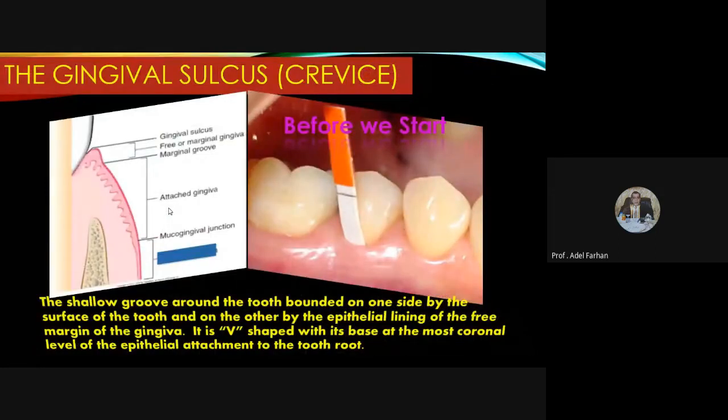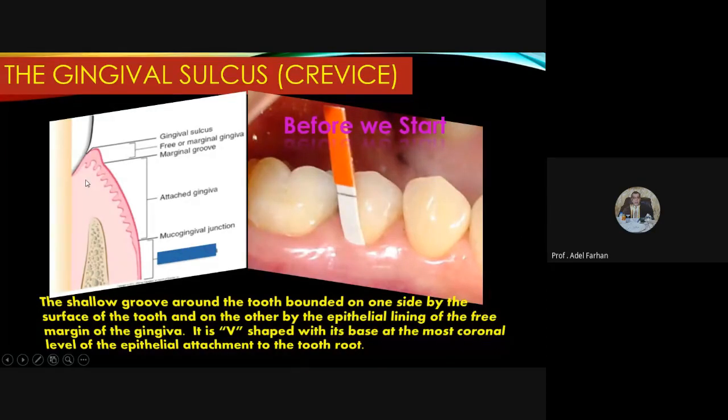Before we start with the subject in detail, you have to know what we mean by the gingival sulcus. As you know, you have taken this in perio. The gingival sulcus is a shallow V-shaped groove, bounded on one side by the surface of the tooth, and on the other side by the epithelial lining of the free margin of the gingiva.